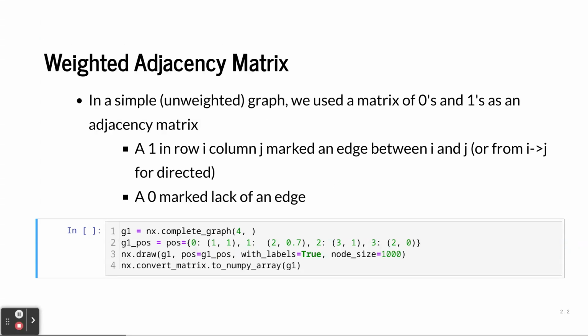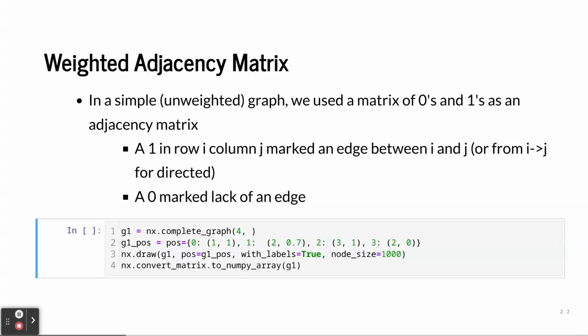Recall from our discussion of unweighted graphs that we can represent the nodes and edges of our graph using a special matrix called an adjacency matrix. In the unweighted case, this matrix was filled entirely with zeros and ones. Each row represented one node, and each column represented a different node.